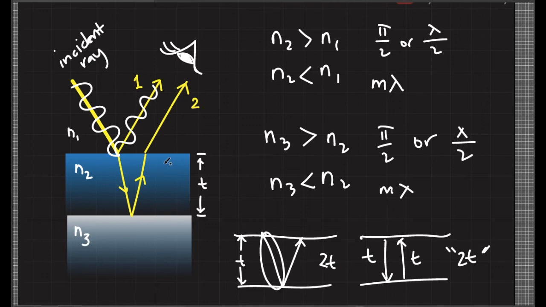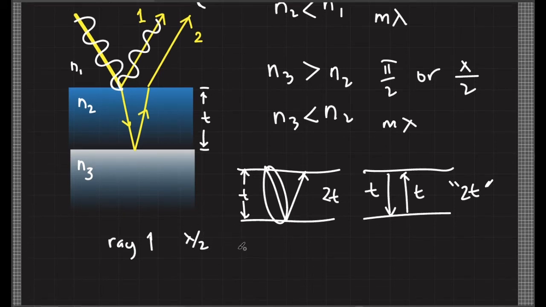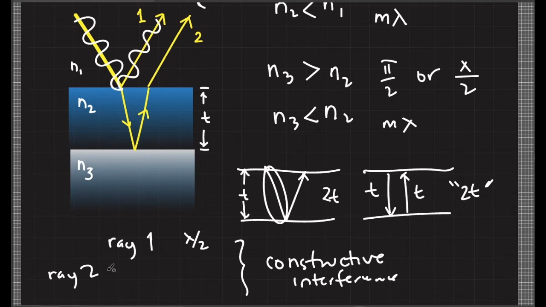So essentially this light traverses a distance of 2t, and this time if we observe a very bright color coming from the soap bubble, then this means that if light ray 1 has a path difference of lambda over 2, then for constructive interference to occur, ray 2 must displace a path 2t that is equal to lambda over 2, assuming that it did not undergo a phase change like this one.